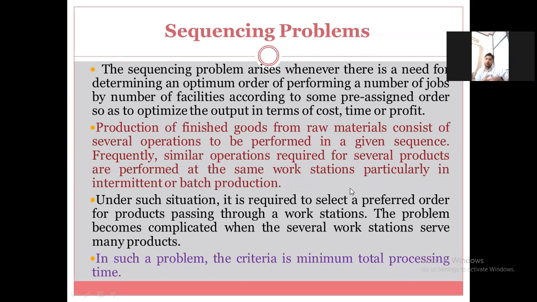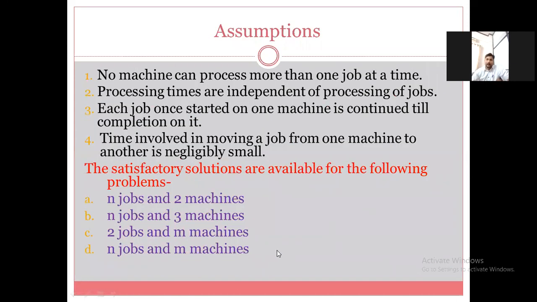Okay. So whenever this problem comes, which criteria do we have to use? We have to use the criteria of minimum total processing time. Okay, so this is an important concept, minimum total processing time for a particular job. Then, assumptions to solve the problems.